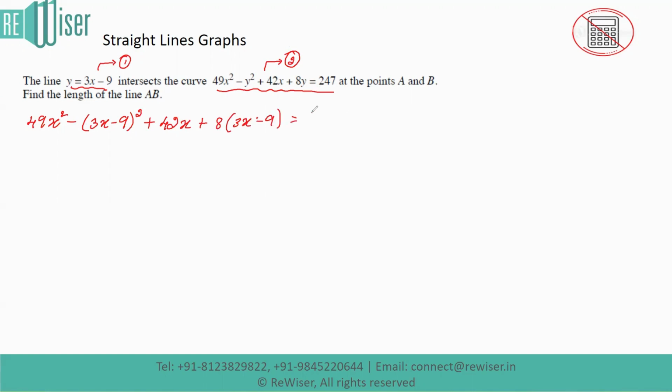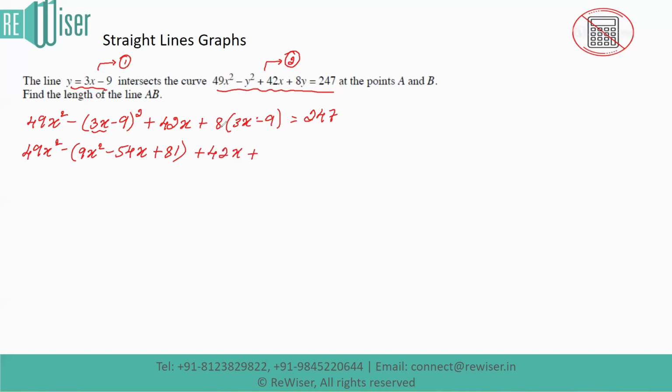So now this is an equation with only one variable. From here, we need to solve for x. This is going to be 49x squared minus, if I expand this using the identity of (a minus b) whole squared, that's going to be a squared, which is 9x squared, minus 2ab, so 2 times 3x times 9, which is 54x, then plus 9 squared, which is 81, then plus 42x.